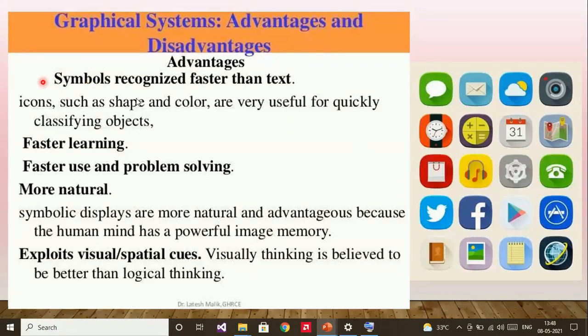What that means is, research has found that symbols can be recognized faster and more accurately than text, and that the graphical attributes of icons such as shape and color are very useful for quickly classifying objects, elements or text by some common property.